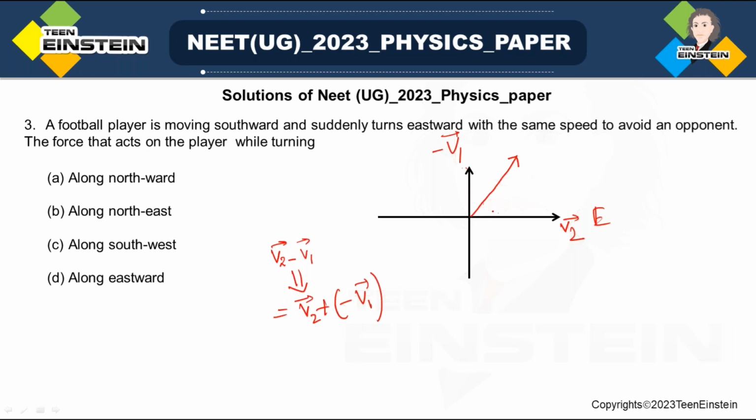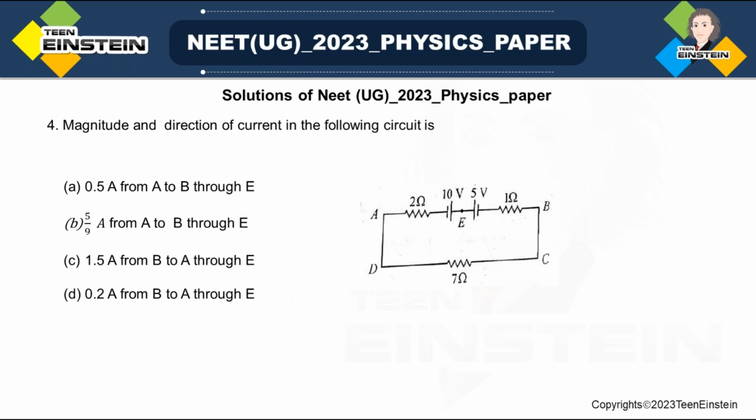Equal vectors, so it will be making 45 degrees with the x-axis. So it will be actually along the northeast direction. So this is the change in the linear momentum. So guys, you have understood this, along the northeast direction.